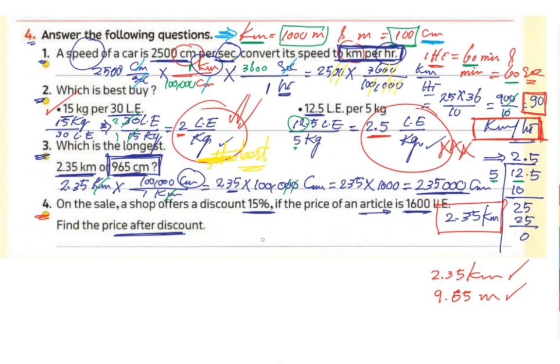First I will find the discount. The discount equals the percent times the total price. I know that 15 per 100 times 1600.